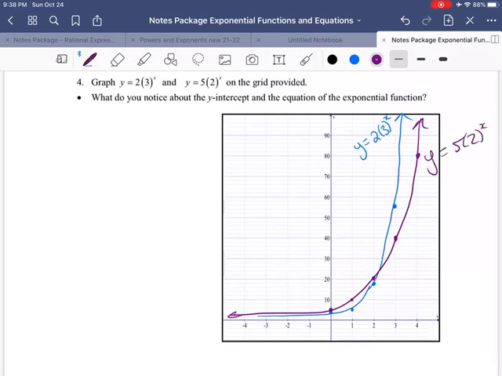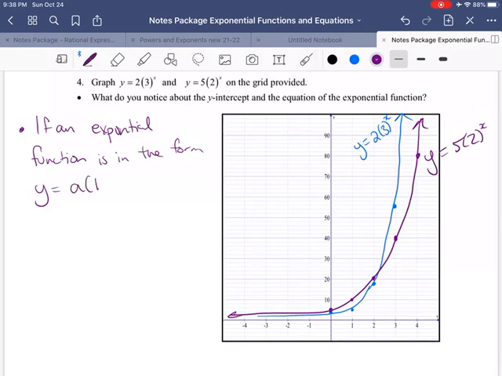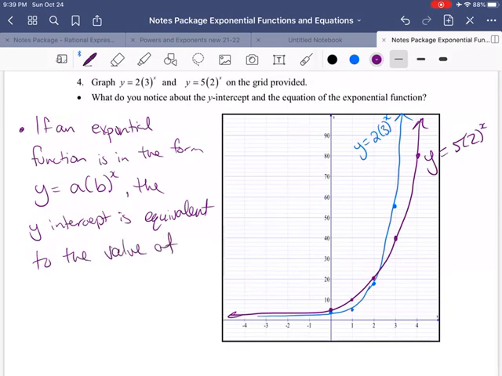So what do you notice about the y-intercept? If an exponential function is in the form y is equal to a multiplied by b to the x, the y-intercept is equivalent to the value of a.